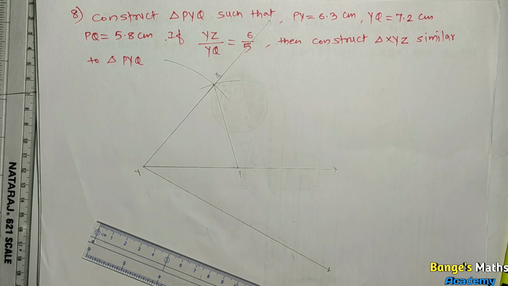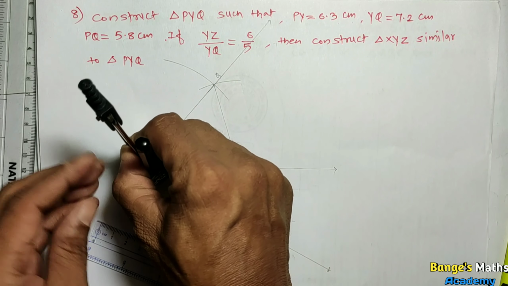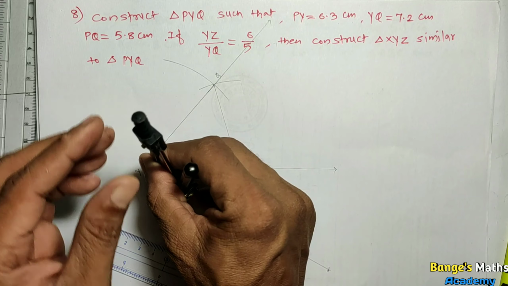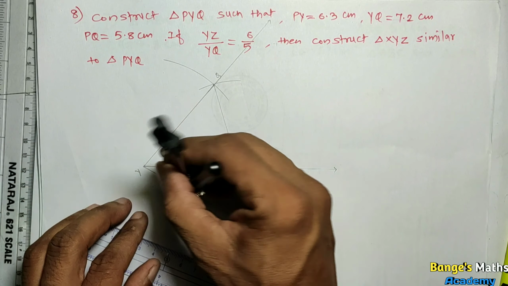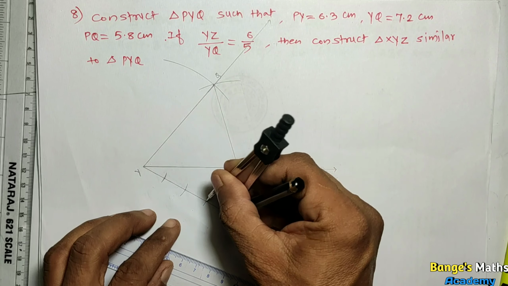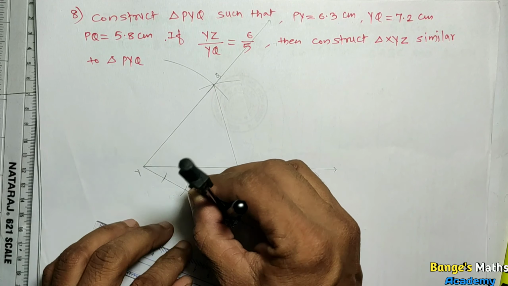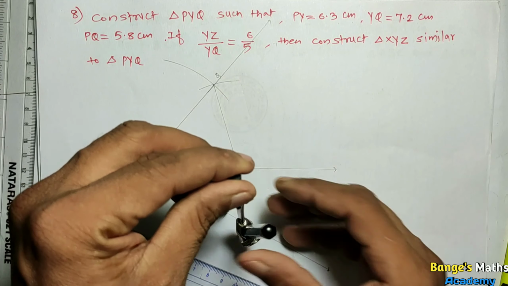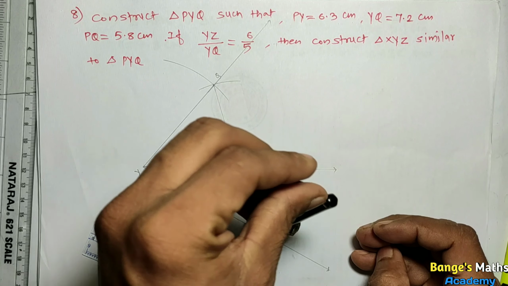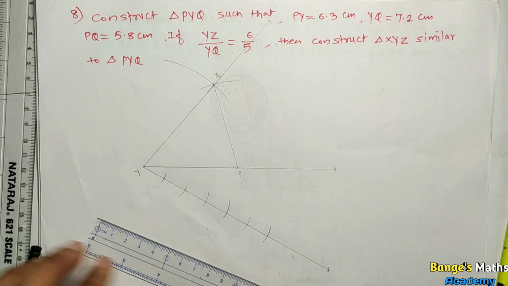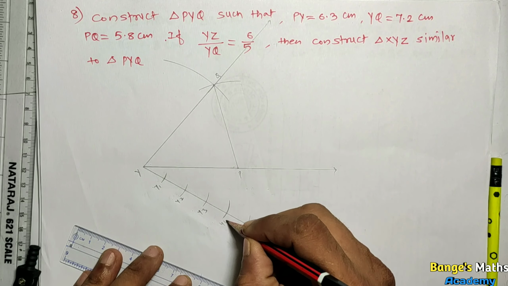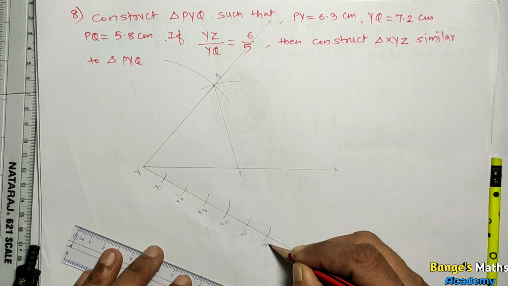So draw 6 equal parts. Give name Y1, Y2, Y3, Y4, Y5 and Y6.